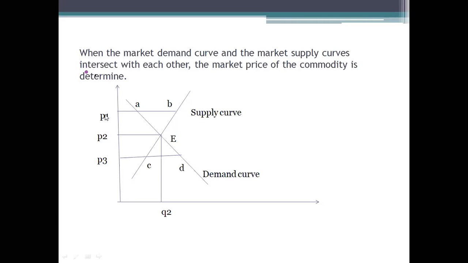There are 3 prices given, P1, P2 and P3. Let's start with the P2 price. This is the origin O, and this is P2. Suppose the price of the commodity is P2. Initially this is the demand curve. Do you remember the shape of the demand curve and supply curve?